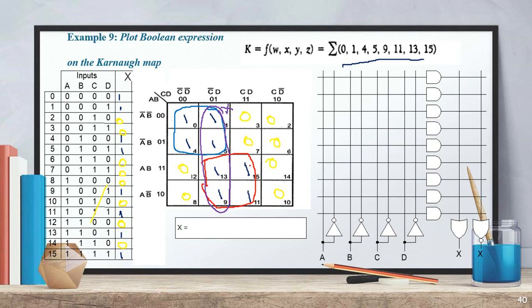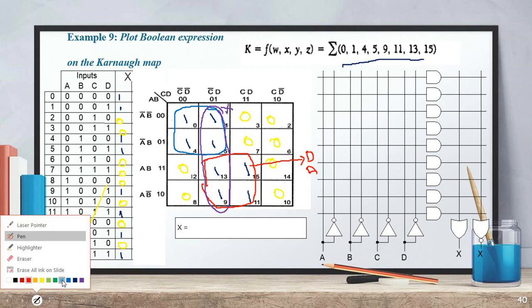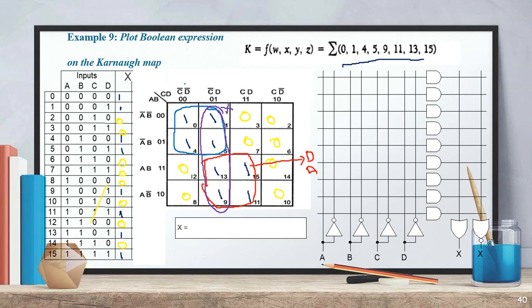So we will take the first red one. In this, C bar C is different, so D is the answer, and here A is common, B and B bar get cancelled. And the next 4 ones we have C bar D bar, another one C bar D, so here D gets cancelled, we have C bar. And the next one, in this portion we have B bar B get cancelled, so A bar.